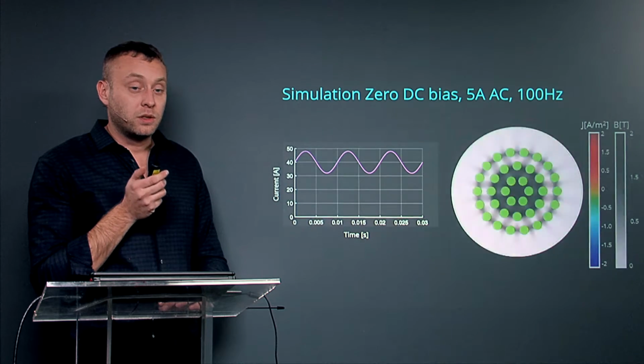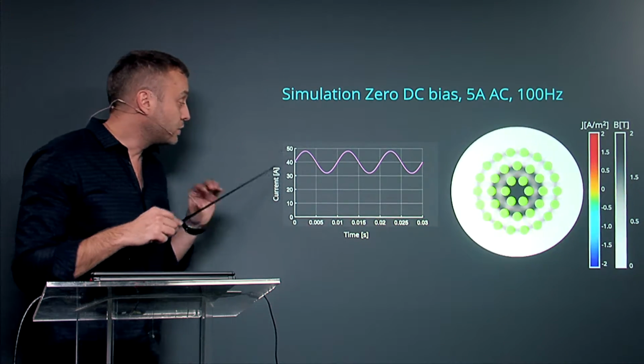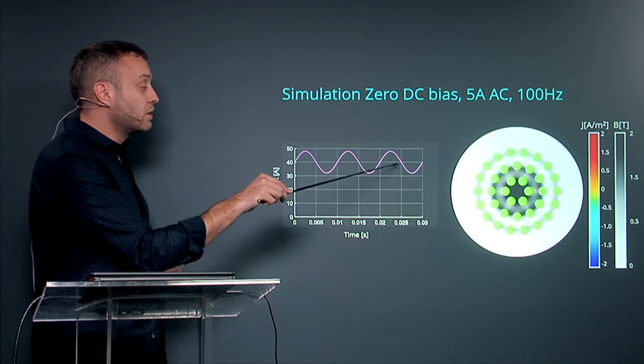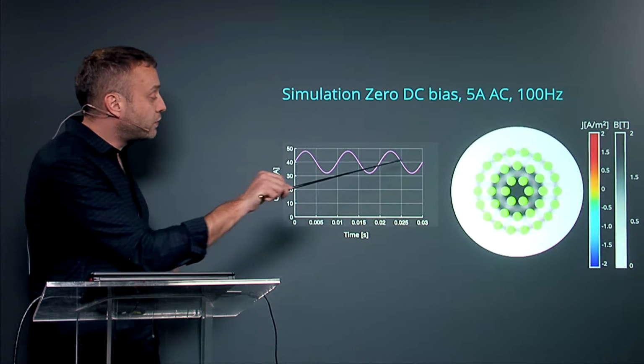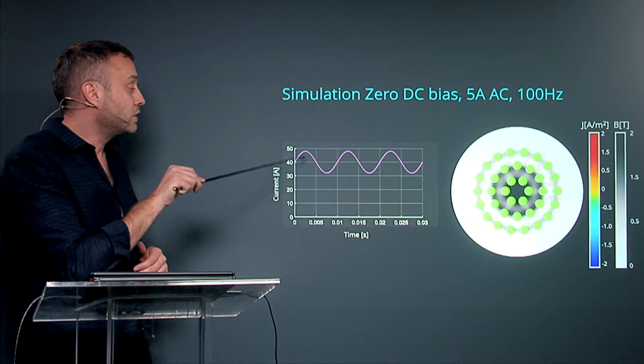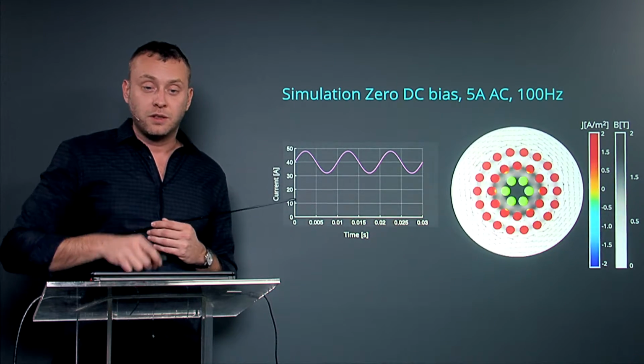But when we introduce some DC bias, you see the same AC current flows around 40 amps of DC, and the result is quite different.